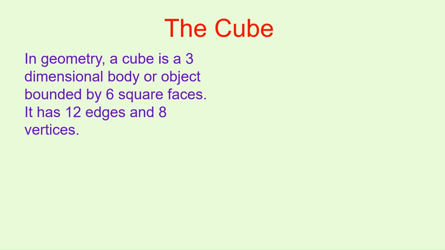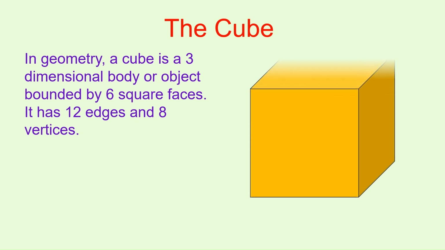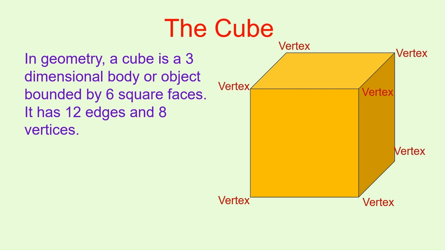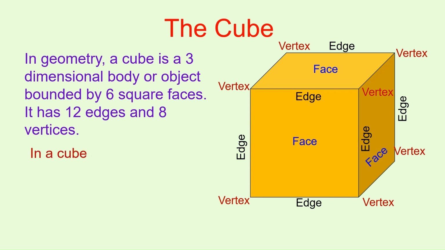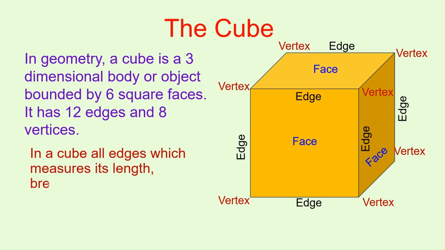It has 12 edges and 8 vertices. In a cube, all edges, which measure its length, breadth, and height, are equal. L equals B equals H.